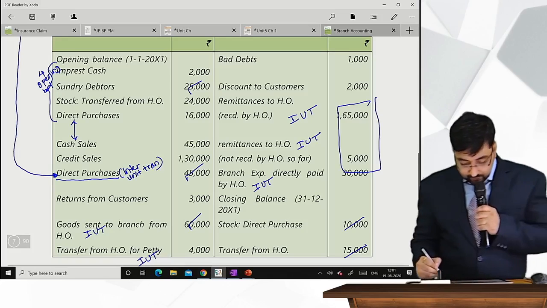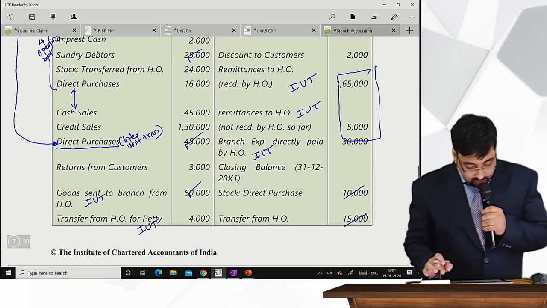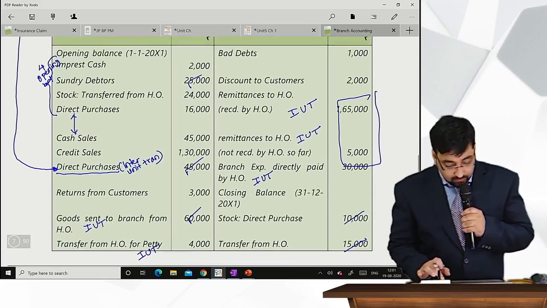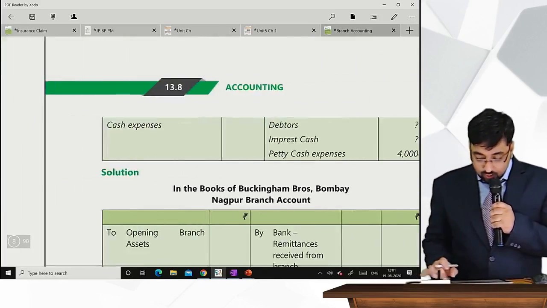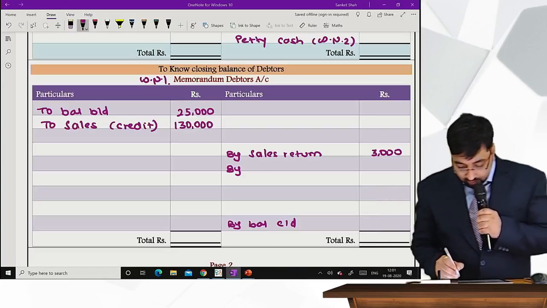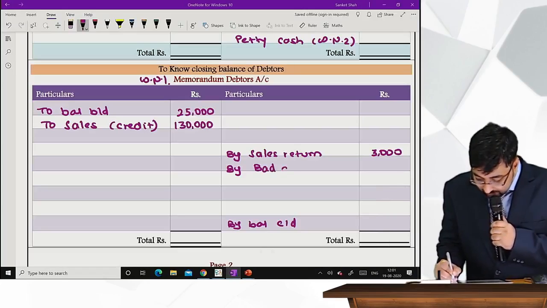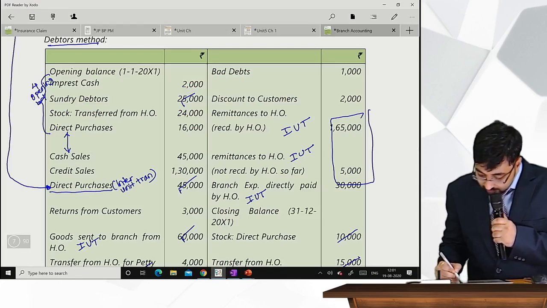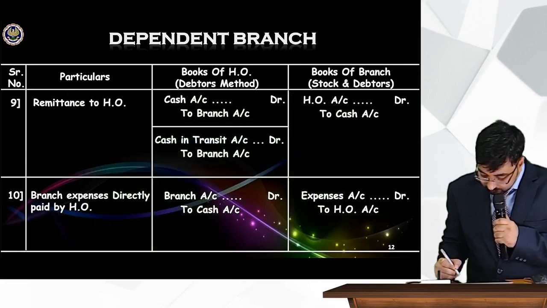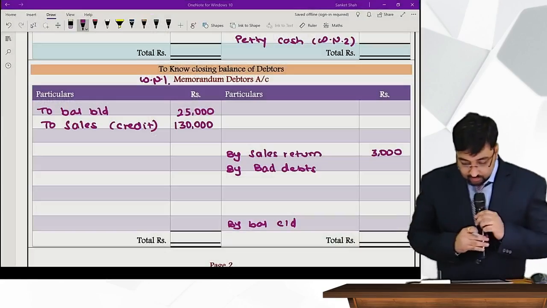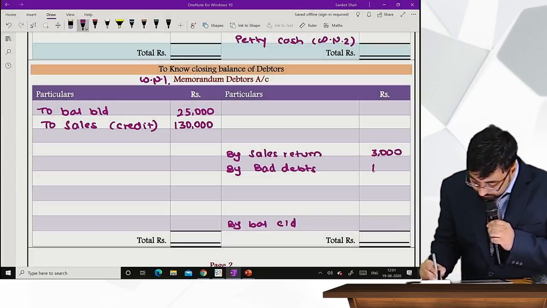Next is returns from customer, then goods sent to branch and transfer from HO for petty cash. Don't write it. Discount, bad debts, yes, bad debts we are going to write. So bad debts to debtors, this is 1,000.